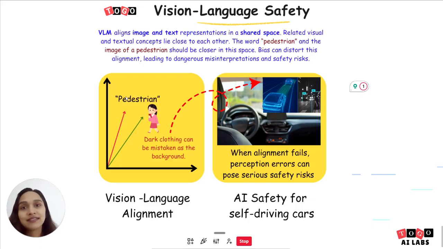So this makes the research in vision language models very important, as we are using large language models and vision language models on a daily basis. And vision language models are learning from internet data. And this makes the research in this direction very, very important.